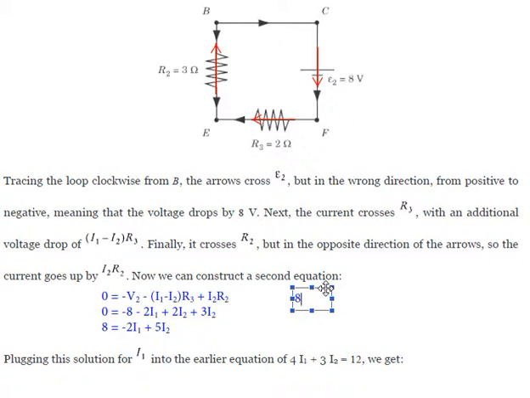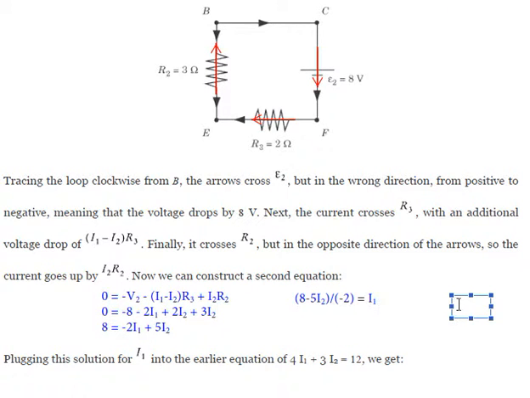So it'll look like 8 minus 5I2 divided by negative 2. And that's going to be I1.